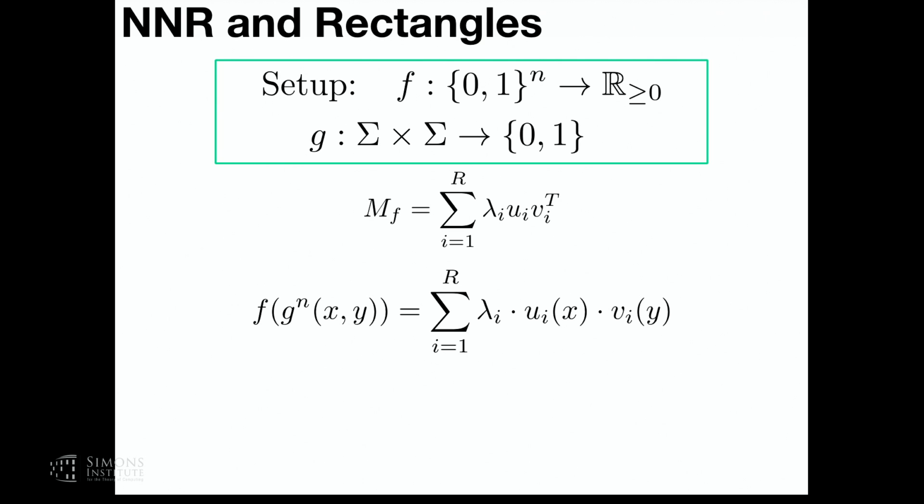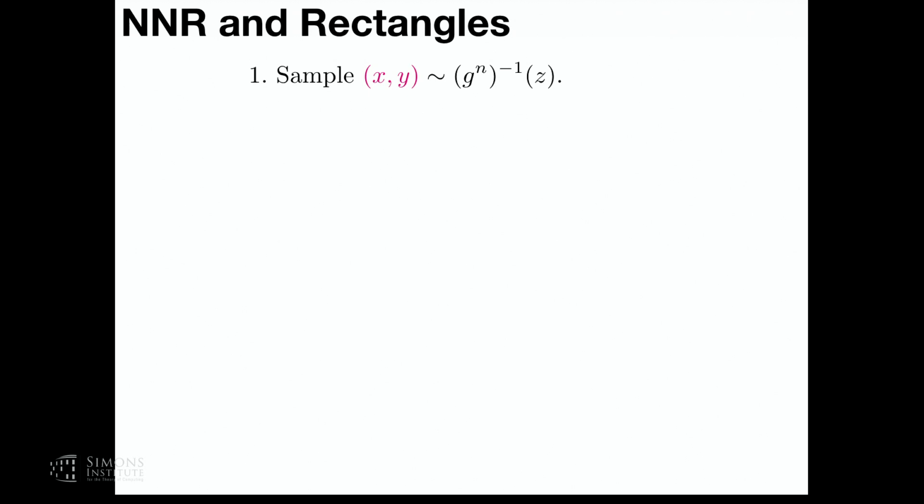Since this equality holds for all x, y, it will hold when I average over some set of x, y. I'm going to average over a specific set. Let's fix this n-bit string z, which is just a Boolean n-bit string, and I'm going to sample x, y whose image under the gadget g^n is z. So look at all pairs of rows and columns whose output under the gadget is z.